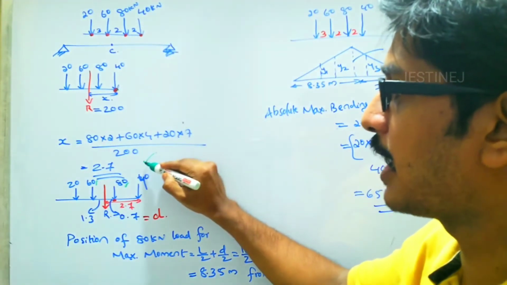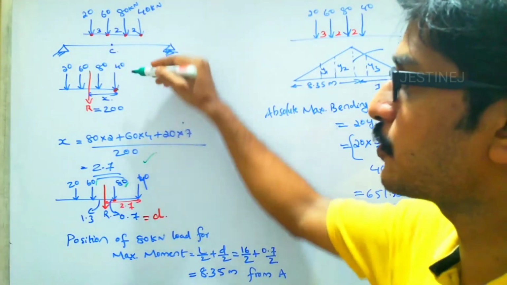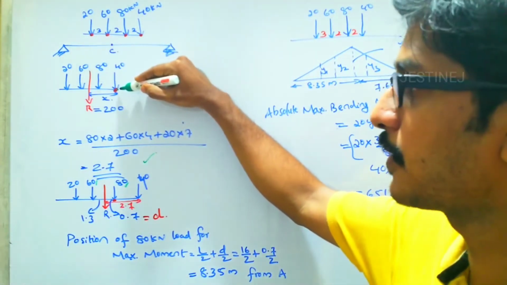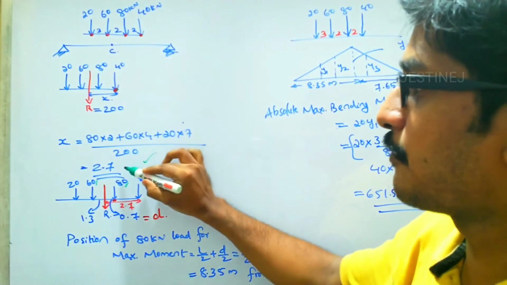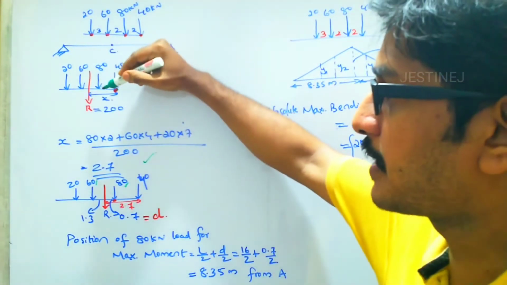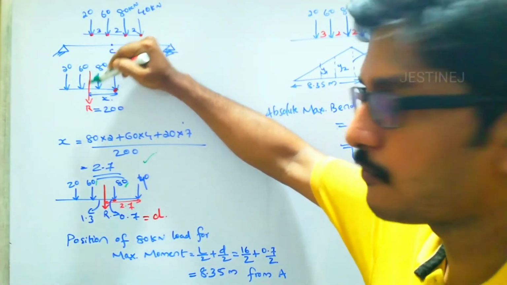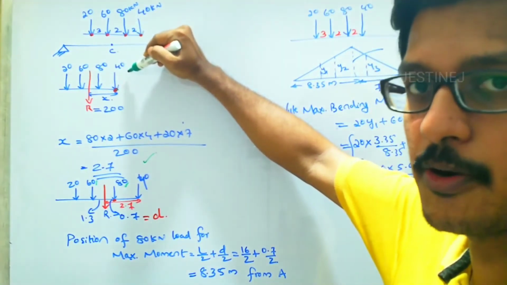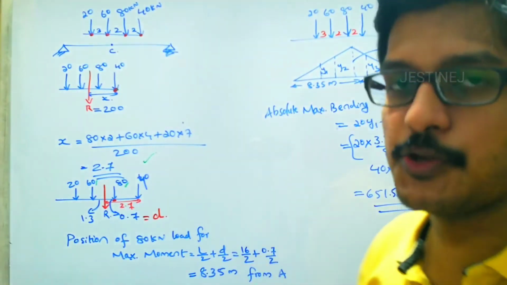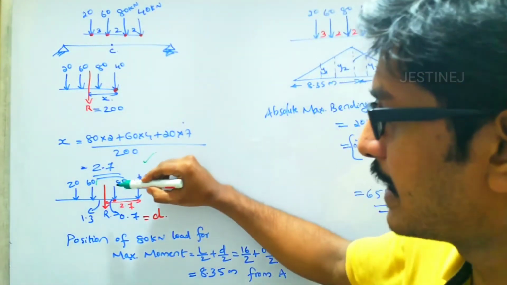You will get the value 2.7. The resultant is acting at a distance of 2.7 from the 40 kilonewton load. After that, you have to analyze which load is closest.